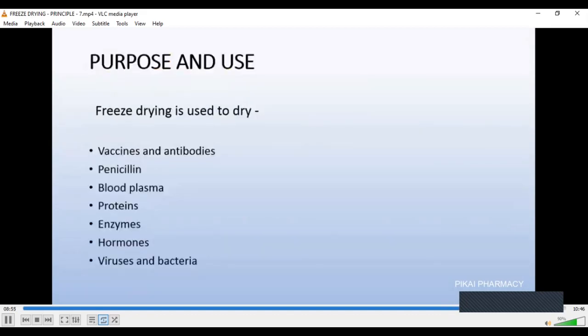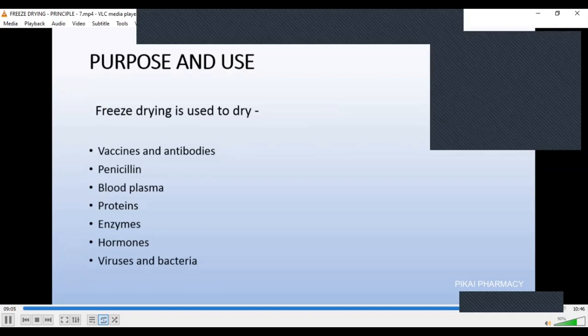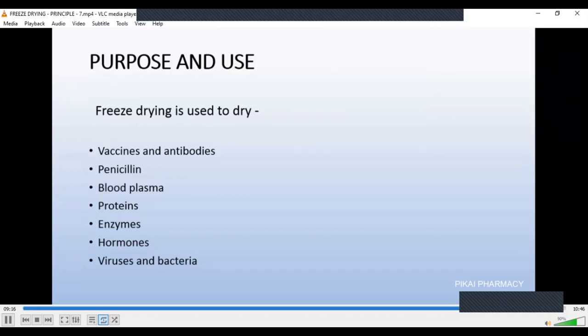So here comes the purpose and use of freeze drying. In your mind, a question can arise: why are we using freeze drying? Instead we can apply heat and extract all the moisture from our product, maybe it is a drug or any biological product. So why are we not using heat to extract all the moisture from our substance?